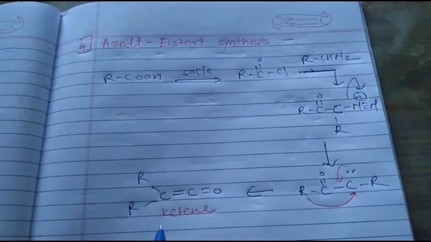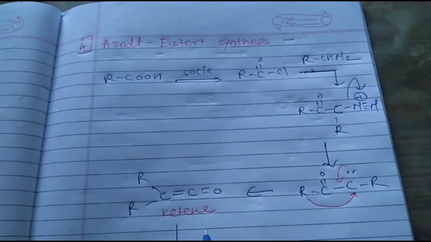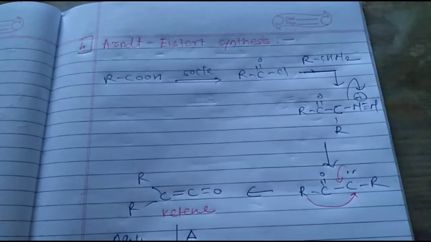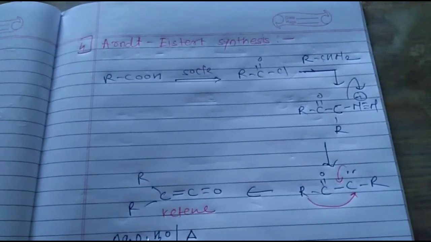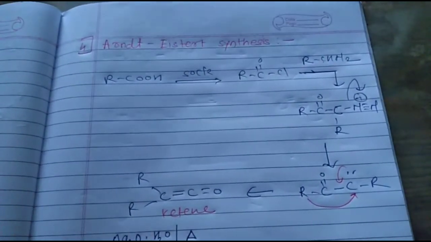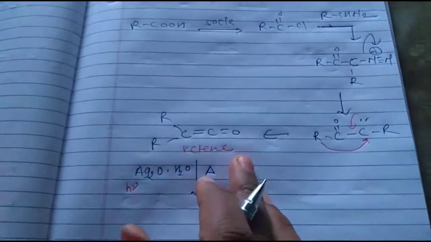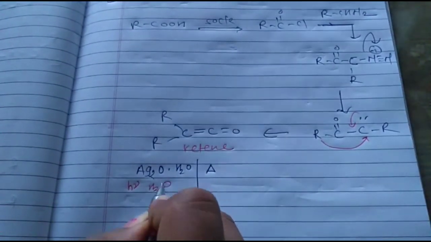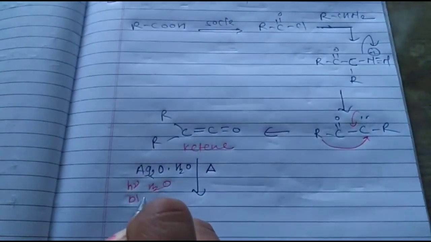In the third step of the synthesis, this is reacted with Ag2O in the presence of water, or it can be reacted with light in the presence of water and dioxane.